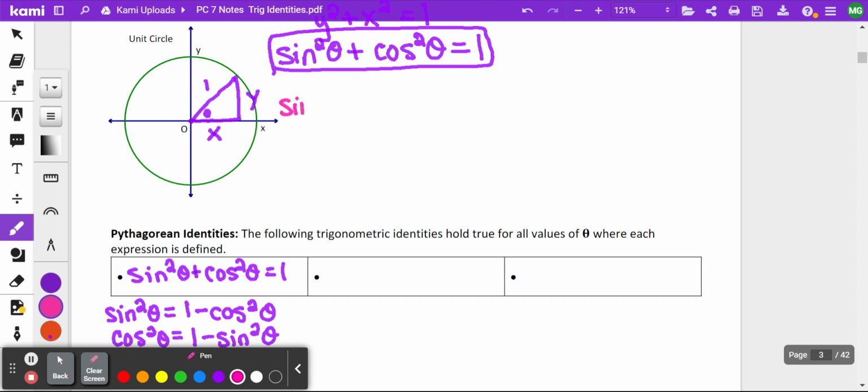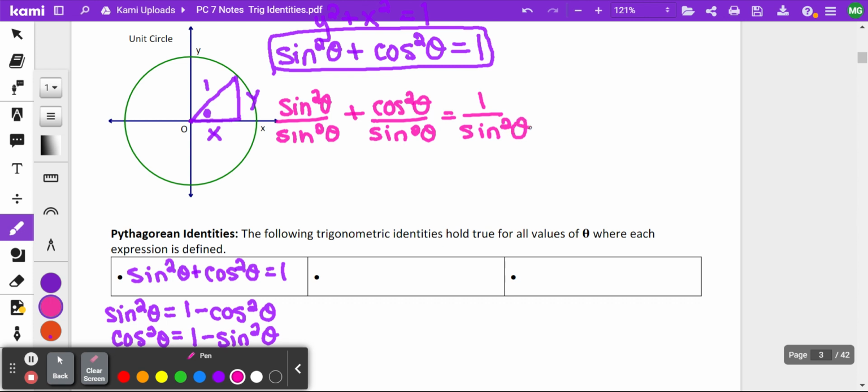So we would have sine squared of theta divided by sine squared of theta plus cosine squared of theta divided by sine squared of theta equals 1 over the sine squared of theta. This is actually going to give us another identity. Because look what we have here. Sine squared of theta over itself is 1.